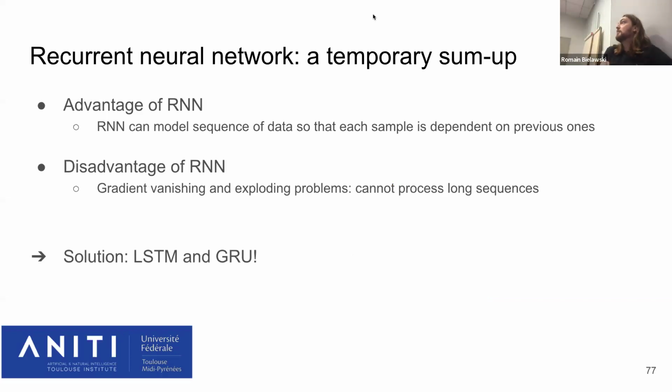And so I'm summing up what we've seen now. We've seen that the recurrent neural network is great to model sequences of data, because each sample is dependent on the previous one, and it can loop on itself.